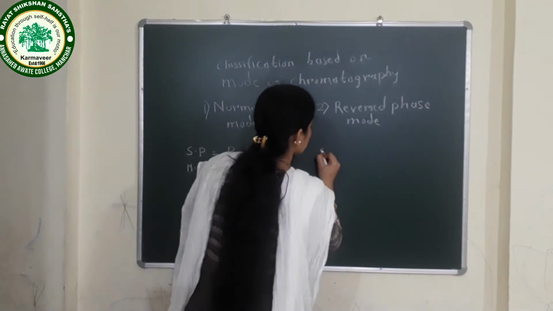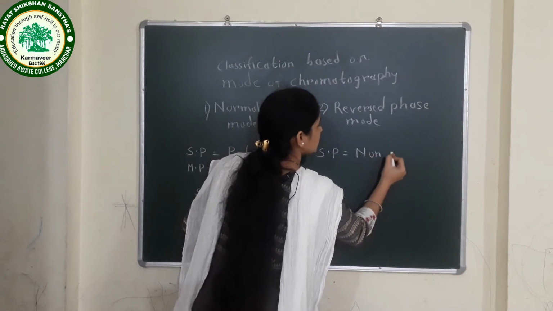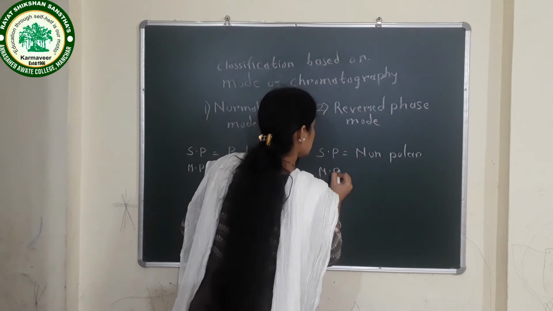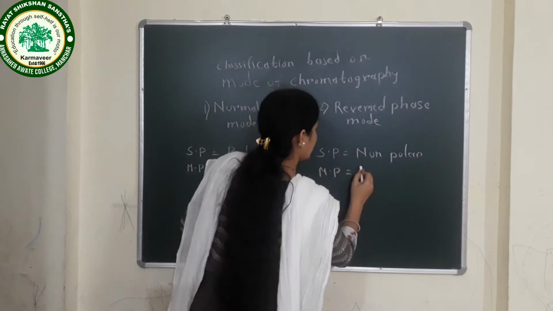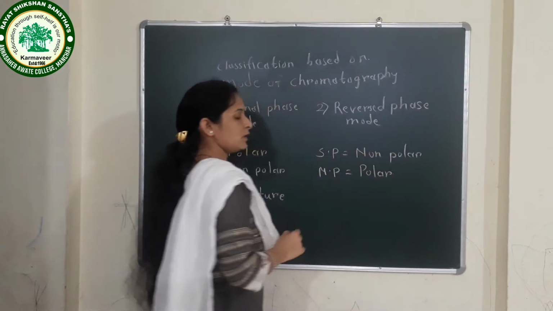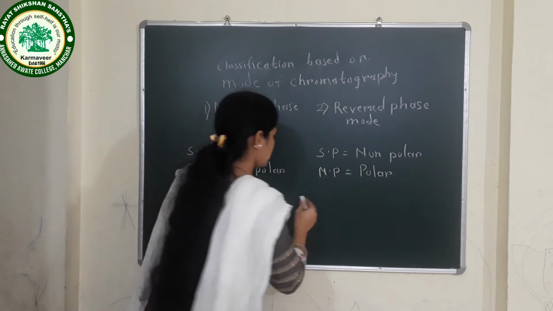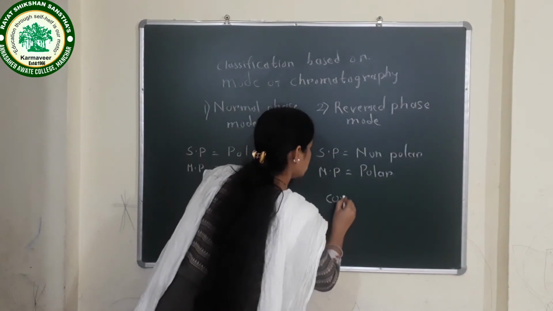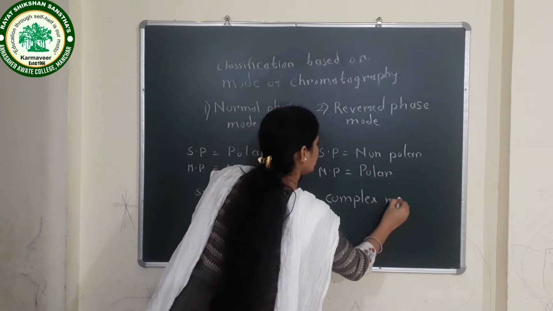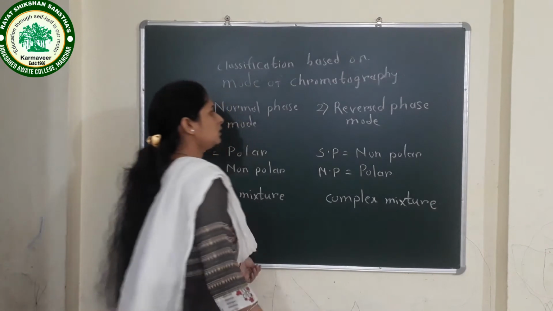In reverse phase mode, stationary phase is non-polar in nature and mobile phase is polar in nature. And this reverse phase mode is useful for separation of the complex compound. For the complex mixtures, we can use reverse phase mode for the separation process.